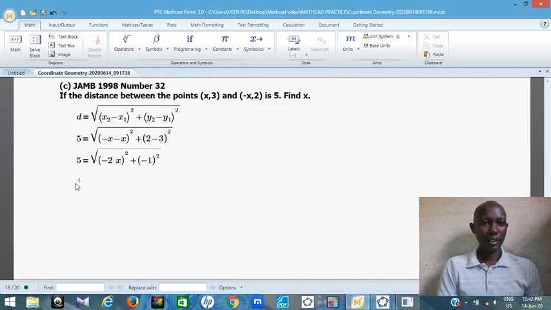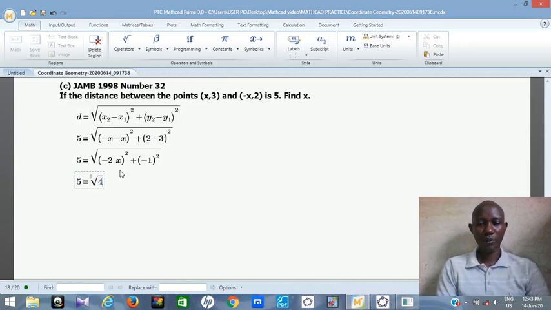Then in your next stage, 5 equals the square root. When you square minus 2x, you have 4x squared, plus, when you square minus 1, it gives you 1.